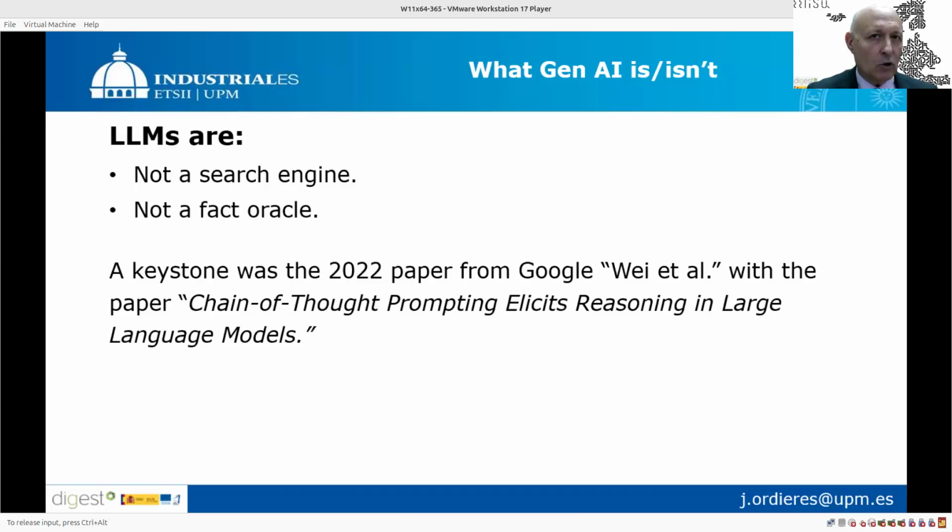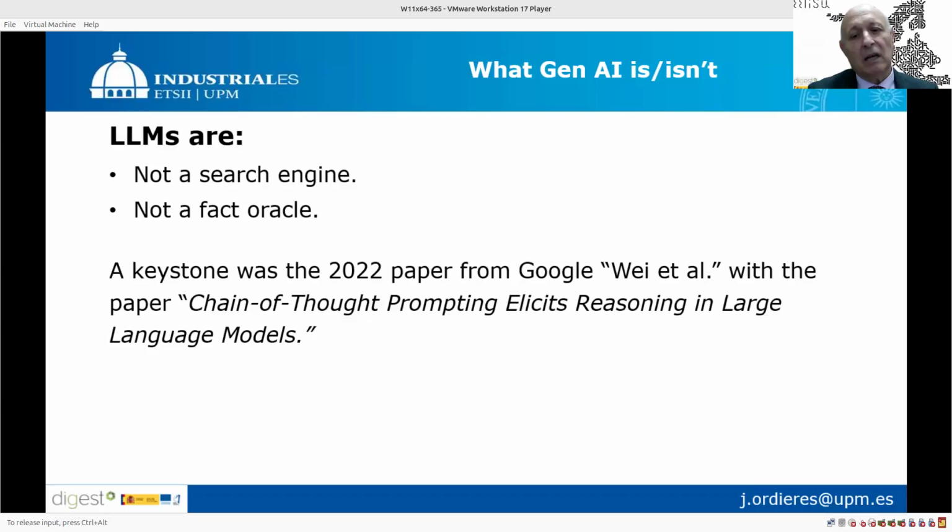The main idea was to figure out that when they submit a zero-shot question to an LLM, and in the prompt you just ask to do it step by step, answer it step by step, the system was able to produce a better result than when you remove that sentence.